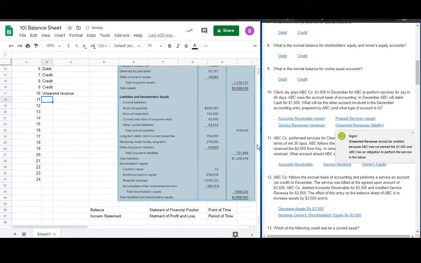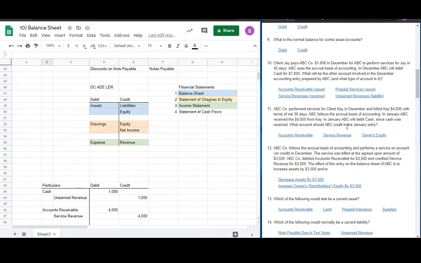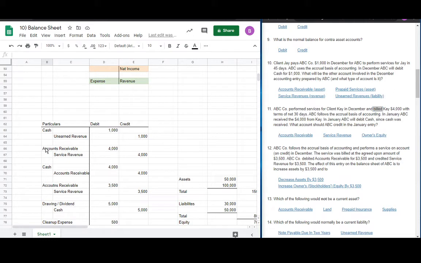Yan, number 11. ABC Corporation performed services for client K in December and billed K 4,000. Yan. So billed siya, utang. So here we debit accounts receivable. And since we perform the service, we credit service revenue 4,000. So what would be the credit? Service revenue.